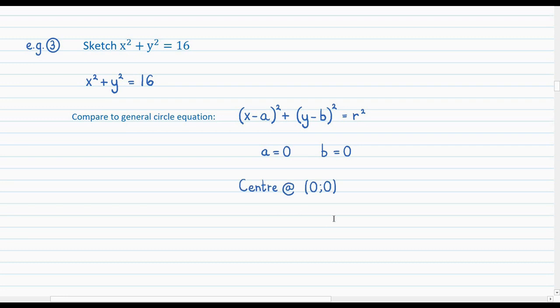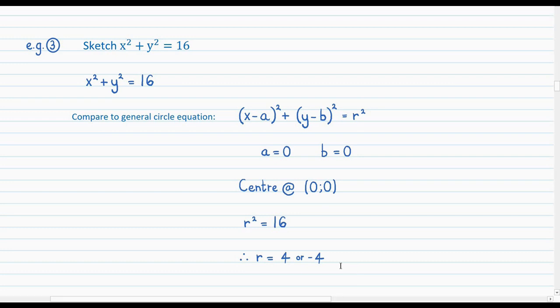So even though we know the center point of the circle, we can't yet sketch it because we don't know what its radius is. And we can determine that by comparing it again to the general equation. And through that comparison, we see that r squared will equal 16. And since r represents the radius, we can solve for r by taking the square root of 16, which gives values of either 4 or negative 4.